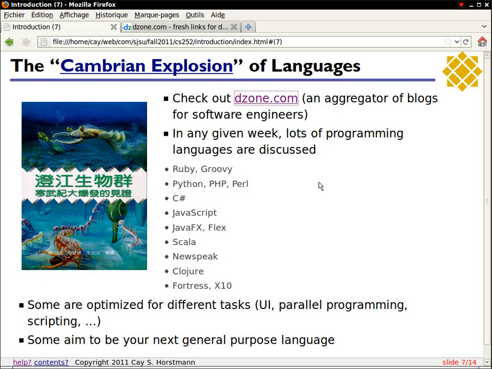Okay, I have no idea why anyone would want to learn PHP, but people do. And some of these languages aim to be the next language that you all should be using. Scala, for example, wants to be your next programming language. And it might be. So there's this huge interest right now, people are saying, what comes after Java? And no one knows. But people are trying different things.